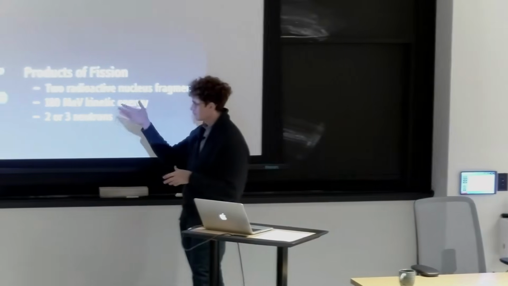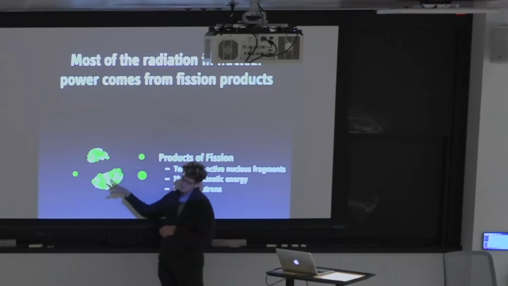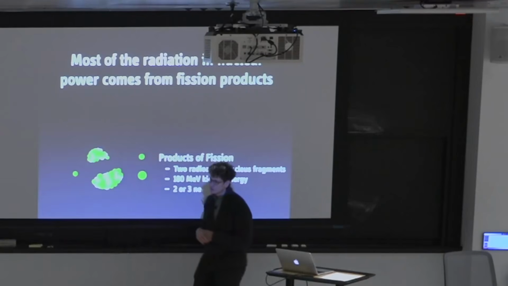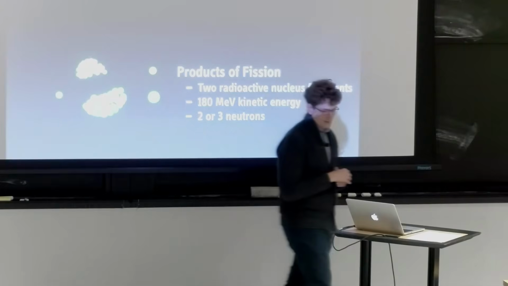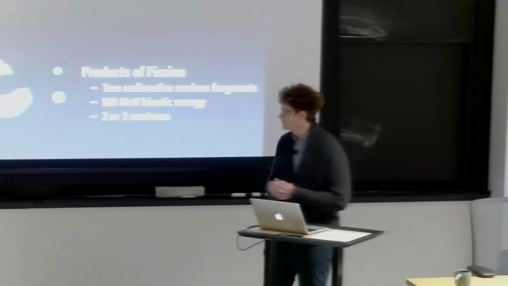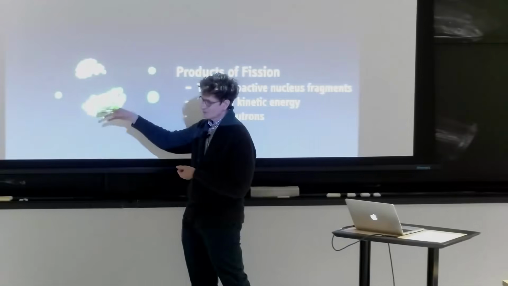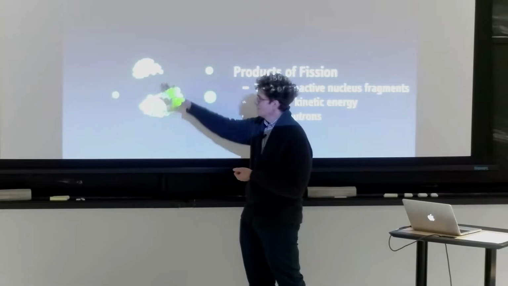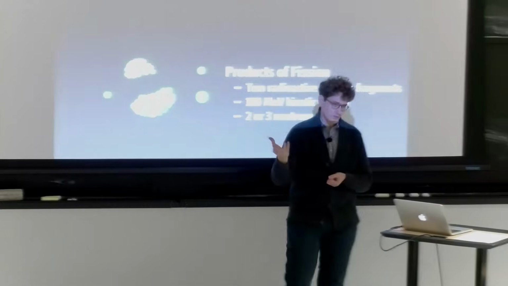When you have fission, you have two radioactive nuclear fragments, right? If you remember back to your basics, this isotope is stabilized by a high number of neutrons because it's a heavy isotope, and you need those extra neutrons to hold it together, more strong force against the Coulombic repulsion. Now these fragments are smaller, so there's an excess of neutrons.